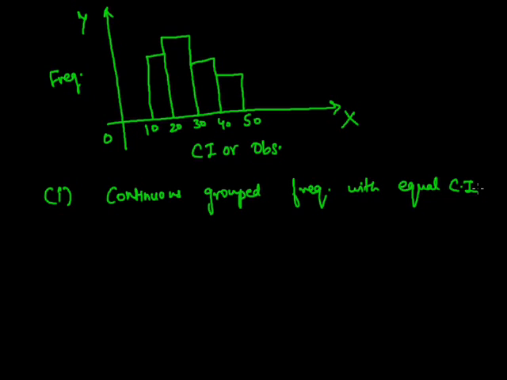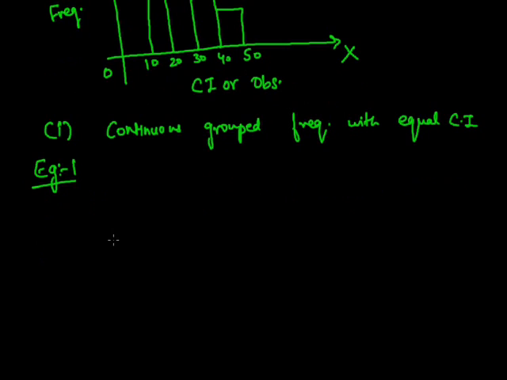In this case, we'll see how to make the histogram. So we'll see one example based on this. Accordingly, we'll understand how to make the histogram in the case when a continuous frequency distribution table is given, definitely with equal class intervals. So we'll see that example.